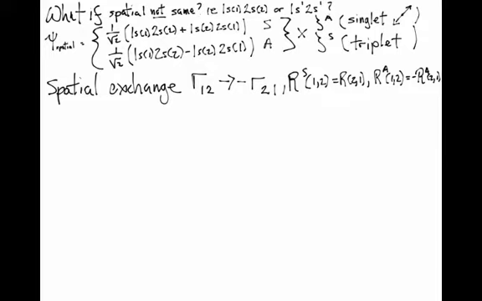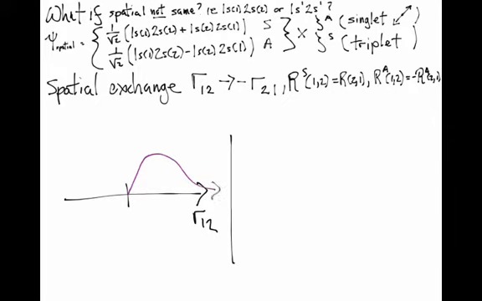So first let's draw the radial coordinate r12, and let's consider a wave function here. So I've got the wave function, this is the distance between the two electrons, and the tick there is at r equals 0. So the first thing is I'm pretty well guaranteed the two electrons are not exactly on top of each other.